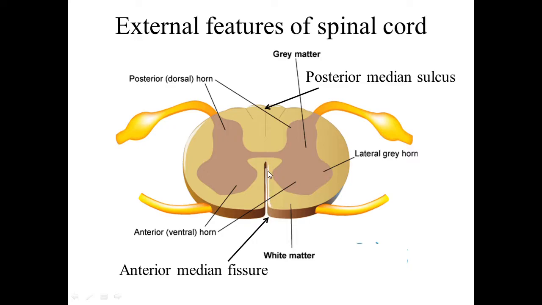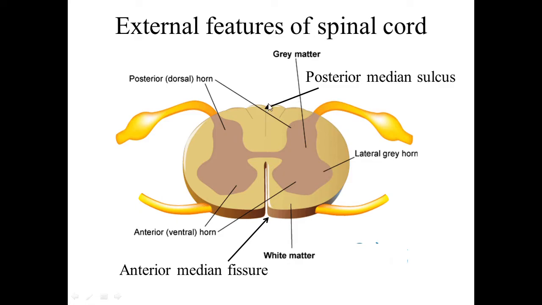It extends along the entire length of the spinal cord. This anterior median fissure lodges the anterior spinal artery and a reticulum of pia mater. So this is the anterior median fissure, which is present on the anterior aspect.